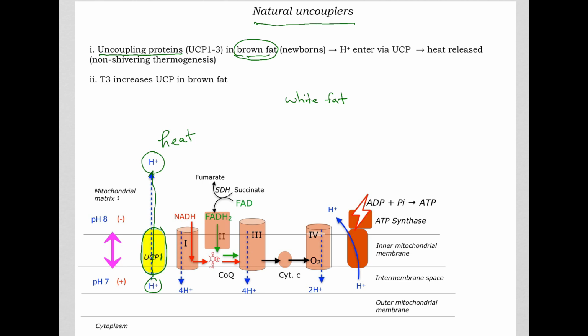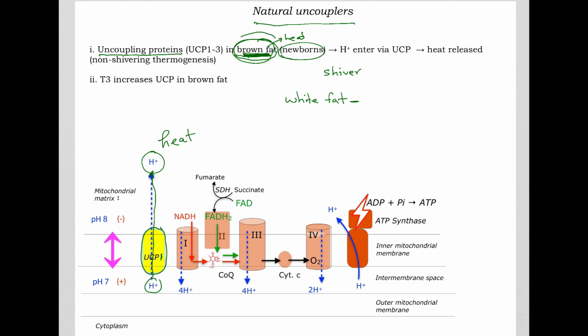White fat doesn't have much mitochondria. Brown fat has a lot of mitochondria. So the function of brown fat is not to store triglycerides. Instead, it is to generate heat, because for newborns, it's very important to keep them warm. Since their muscles are not very well developed, they cannot shiver very well to release heat.